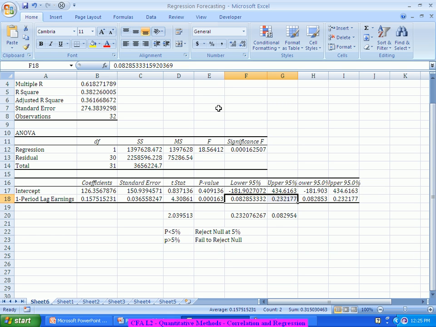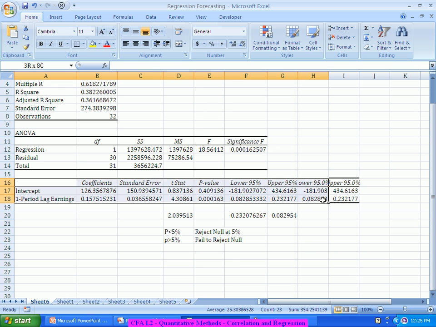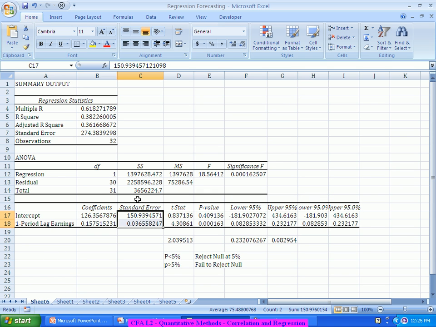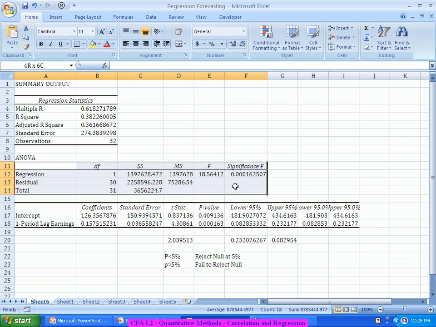So this table is more or less clear, right? These two things we won't compute. The standard error we get directly. Fine. The next table for us is the specific table which will talk about how strong our regression equation is.